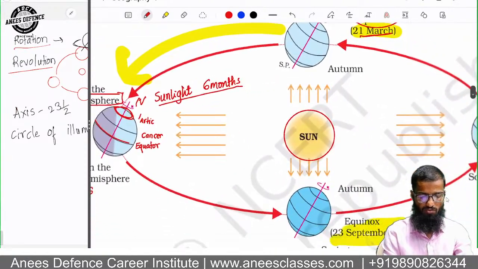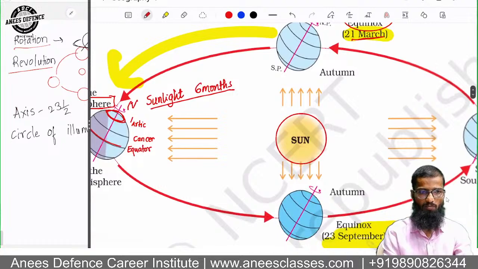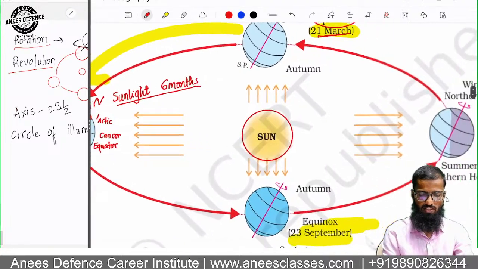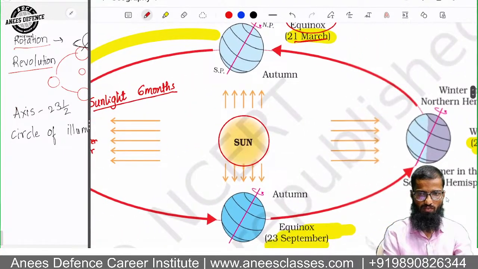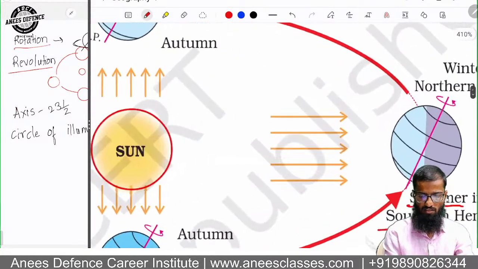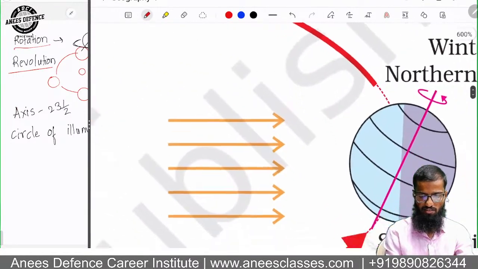Now, if you see the exactly opposite pole in this image, the southern pole is getting exposed. Now here the same thing. If I may write, this is the equator.